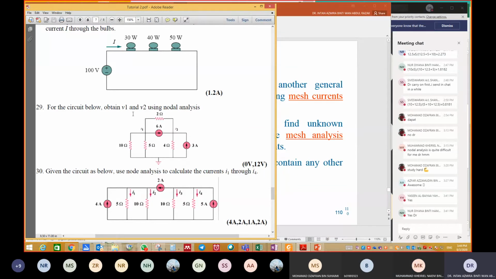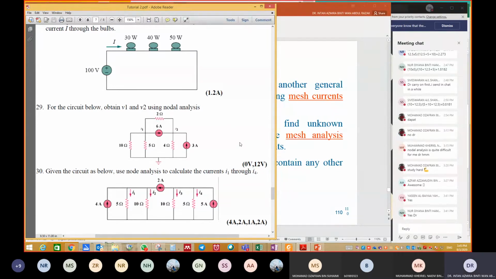The question is to find V1 and V2 using nodal analysis. V1 is equal to the V drop across 5 ohm. V2 is equal to the V drop across 4 ohm. V of these 2 ohm is the difference of V1 and V2 depending on your flow of current, either V1 minus V2 or V2 minus V1. Now try number 29, obtain V1 and V2.